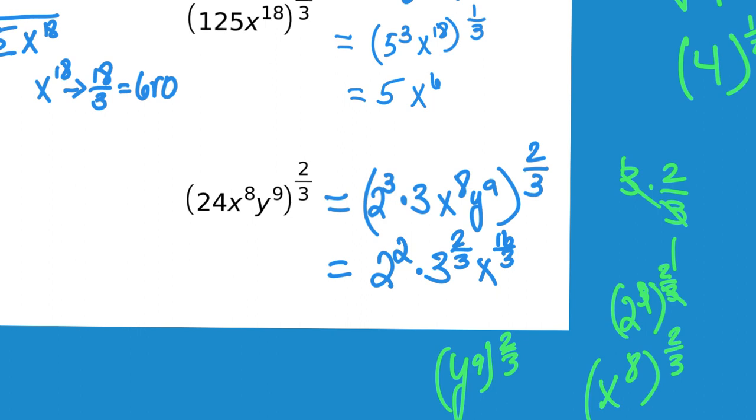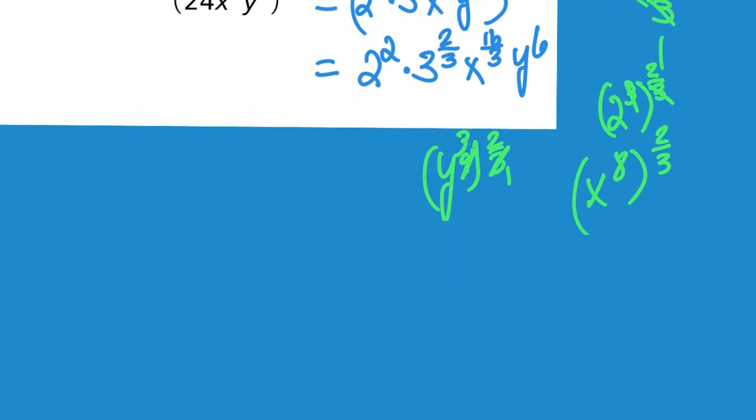We got any canceling out there? Reducing? Yeah, but I want to know about the reducing first. The 3 will go into the 9 3 times, right? Leaving us with 3 times 2. So we got y to the 6th.